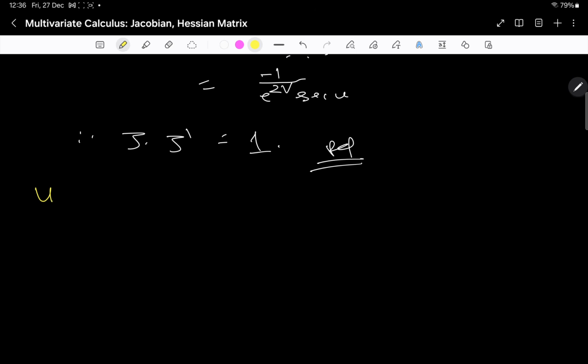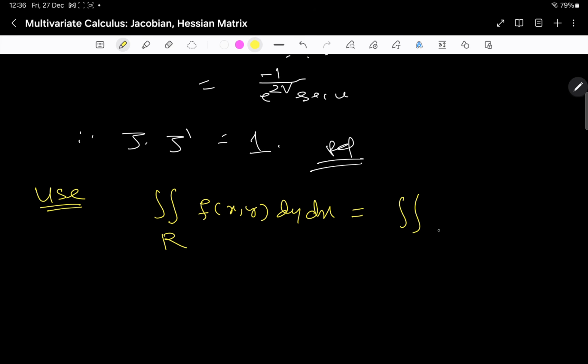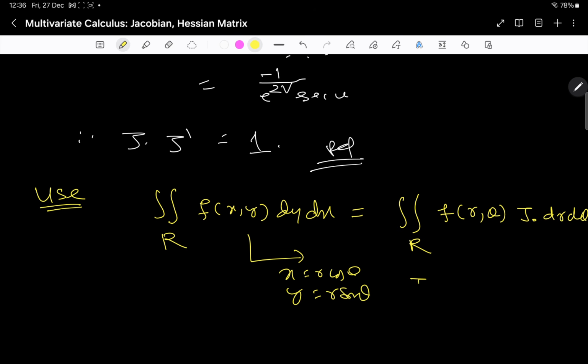Thinking of its use, suppose you are evaluating the multiple integral of f(x, y) dy dx over a region R. The moment I change it to polar coordinates, it will be f(r, theta) times the Jacobian dr d theta. Over the same region, when I put x equal to r cos theta and y equal to r sin theta, the Jacobian we have already determined is r.